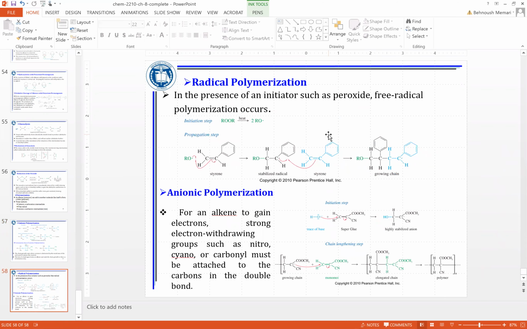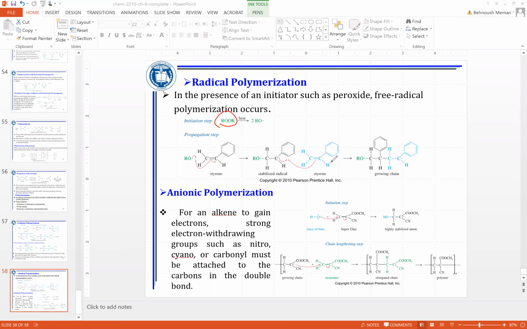Polymerization can go through a carbocation, it can go through a free radical, or it can go through a carbanion. Remember, I said whenever you have a peroxide, the mechanism of the reaction would go through formation of a free radical.